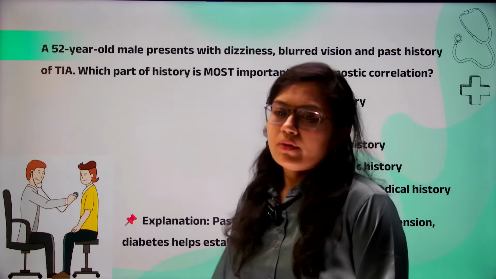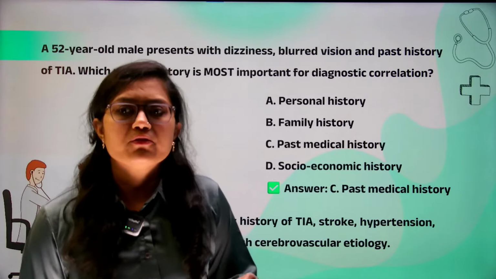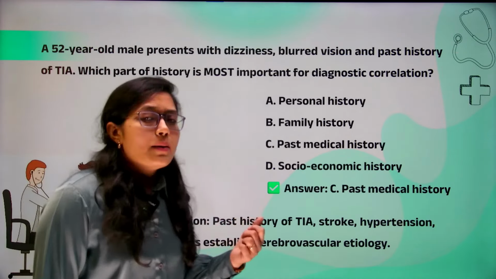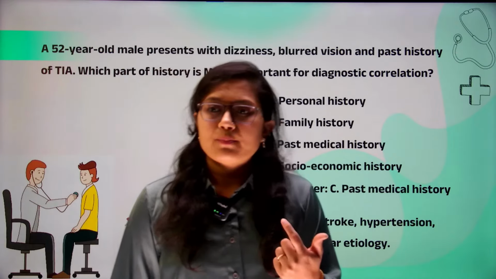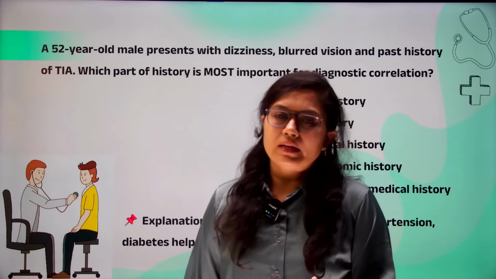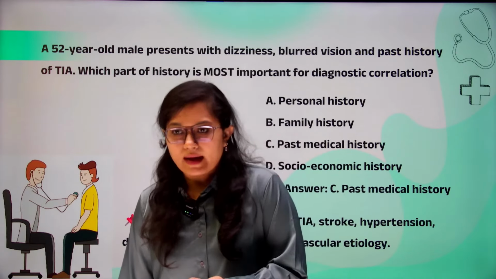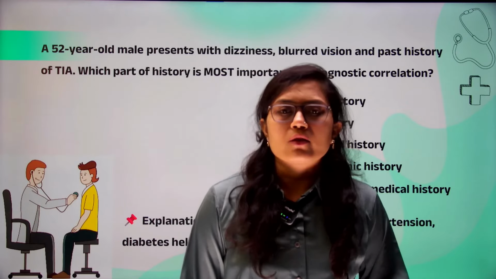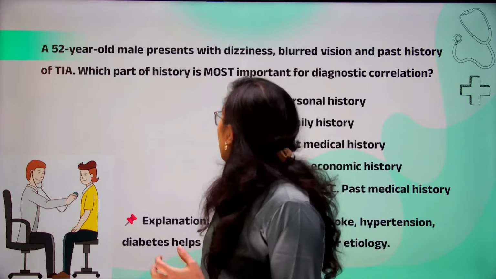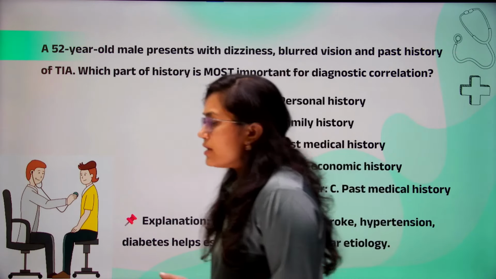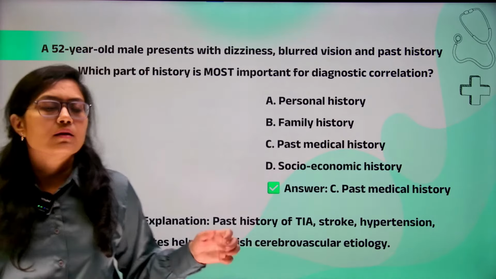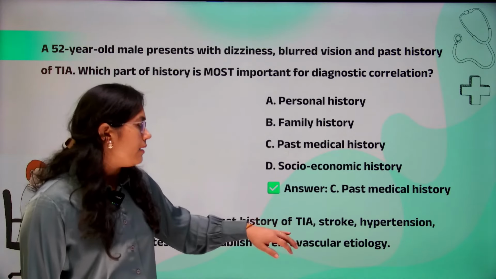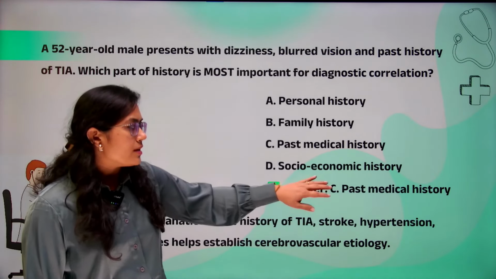Now we can get to know: if a 52-year-old male presents with dizziness, blurred vision, and past history of TIA, that is transient ischemic attack, which part of the history is most important for diagnostic correlation? The first is personal history, second is family history, third is past medical history, and next is socioeconomic history.